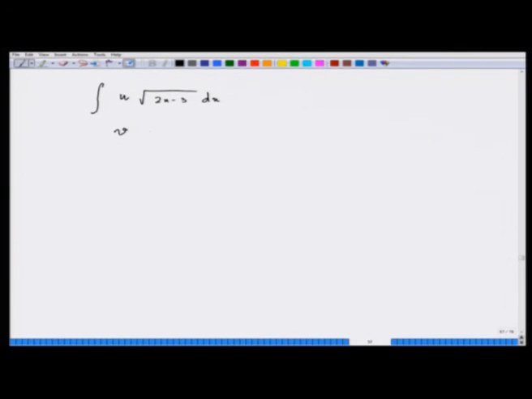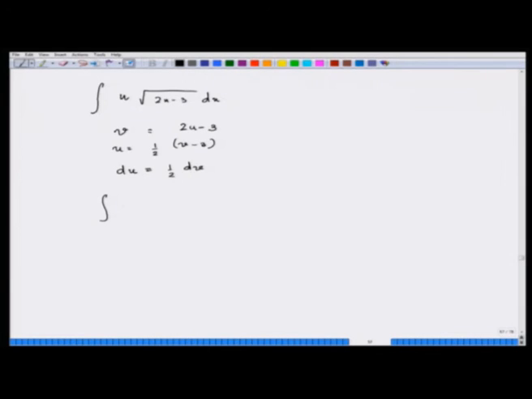So, I should choose v here as 2u minus 3. So, u would be equal to half of v plus 3, and basically du would be equal to half of dv. So, you will replace du with half of dv, replace this with v, and u with that.